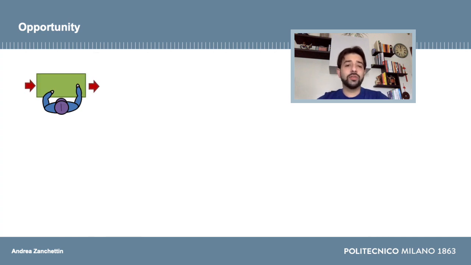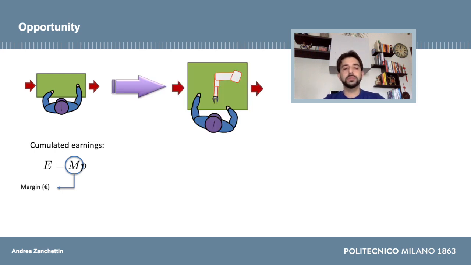Let's focus on the manual workstation, which is the previous situation. Here we have accumulated earnings, which is the margin M that we have for each product times the number of products P that we produce in one time unit.